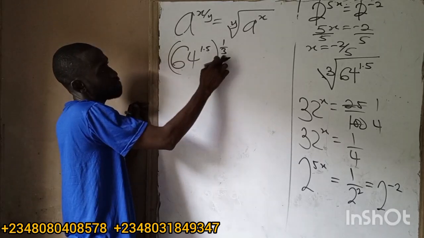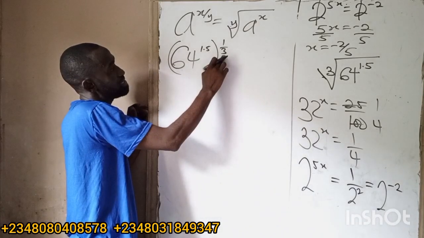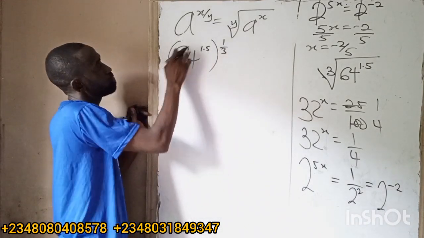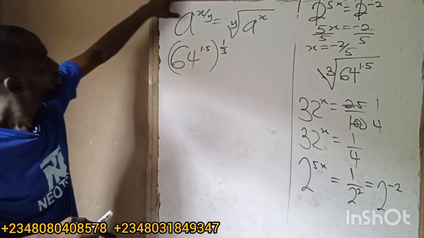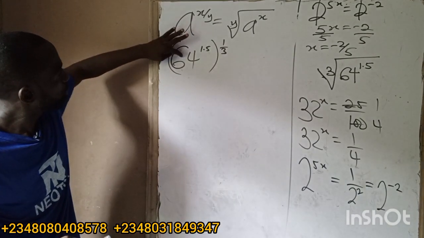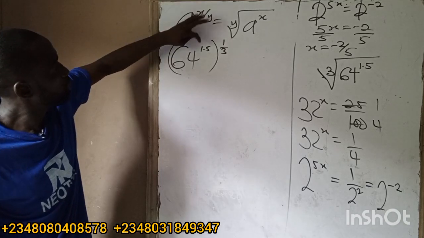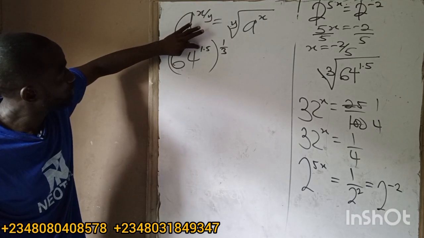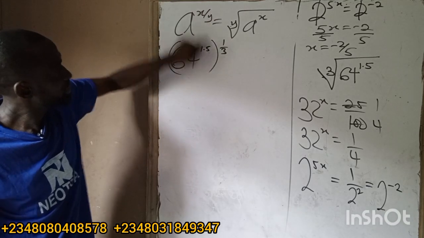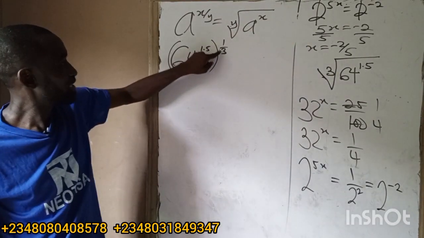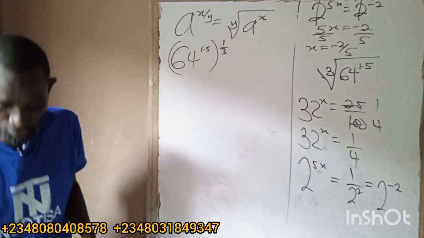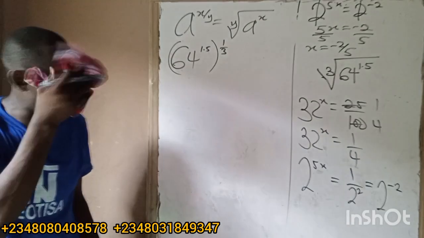Where's our y? Our y is 3. You see that? So that's the way to go about that. Let me explain this thing very well for you so you won't mix it up.